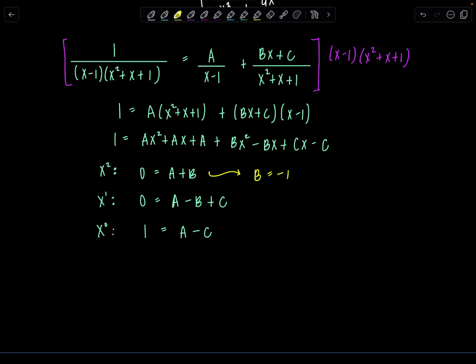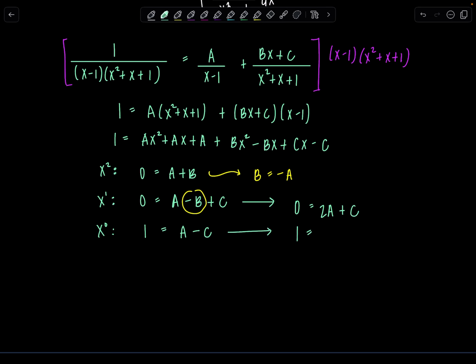B equals the opposite of A, and then I'm going to just substitute that in right there. So we'll have 0 equals A minus negative A, which is A plus A, so that's 2A plus C. And then just scoot this one over.